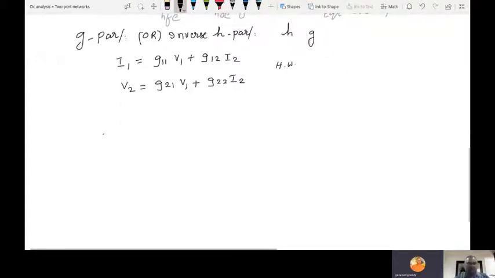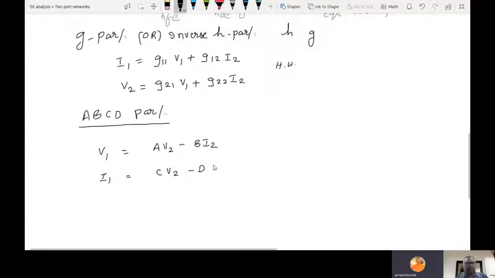Next we have the ABCD parameters. Here we write V1, I1 in terms of V2, I2. So V1 equals A V2 minus B I2, and I1 equals C V2 minus D I2.